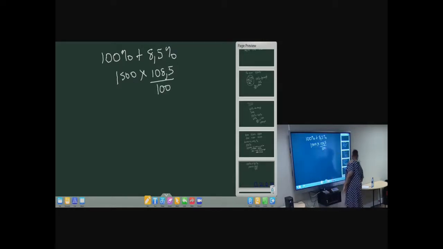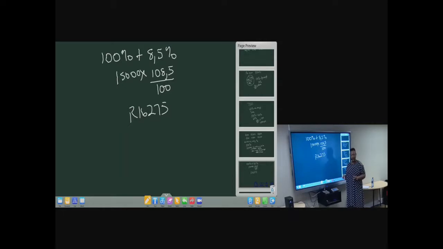And the money now which you will be getting after the increment will be 16,275. I think 16,275.